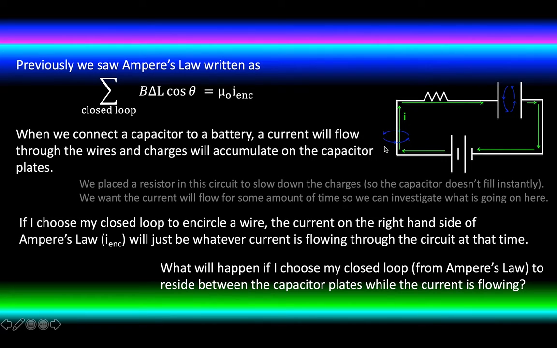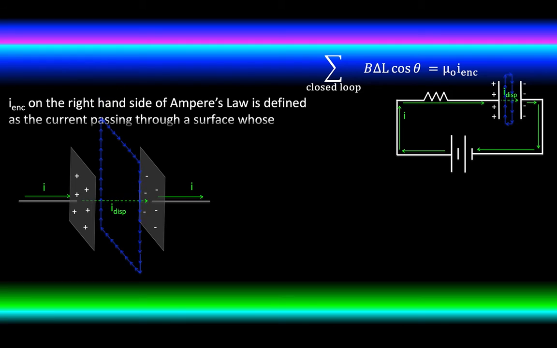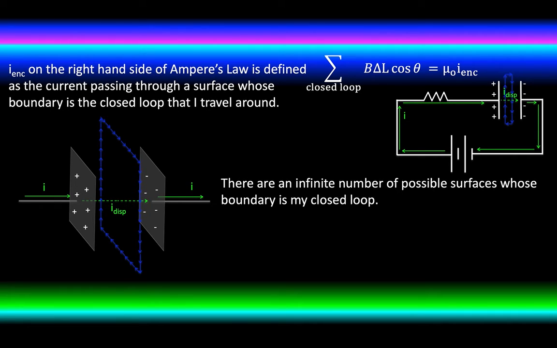The loop that I walk is the boundary of my surface. But we were not specific as to what surface we are restricted to use. As long as this loop that I walk around is the boundary of the surface, I'm okay.